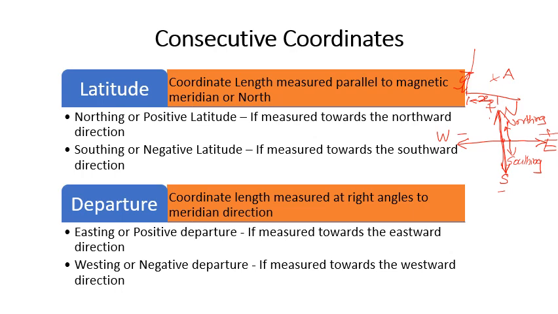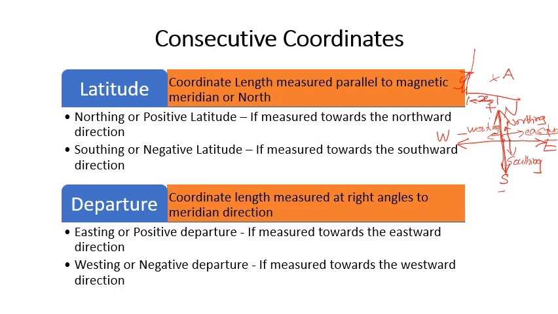A distance measured towards the eastward direction is called easting. Easting is positive. Any distance measured towards the negative direction is called westing. Westing is negative. So this is the concept of latitude and departure.